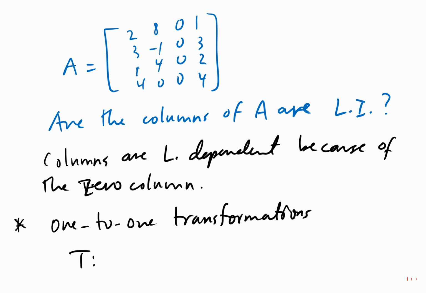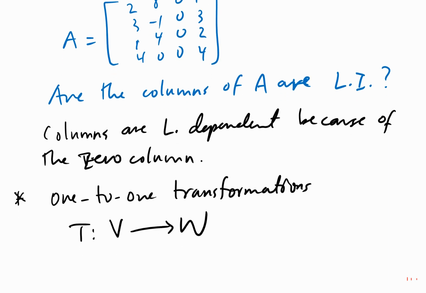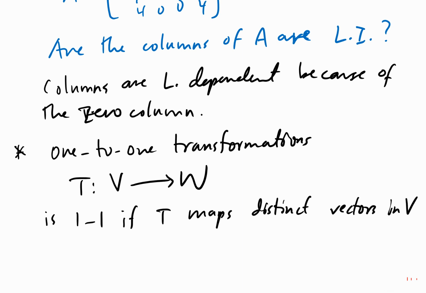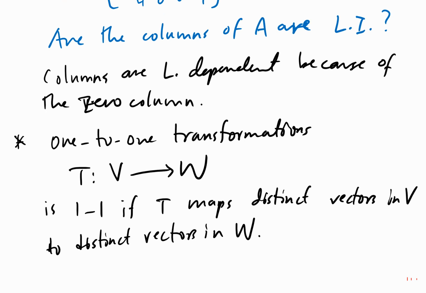If we have T mapping V into W, we say this is one-to-one (1-1 means one-to-one) if T maps distinct vectors in V to distinct vectors in W. In other words, in function language, two different inputs have two different outputs.